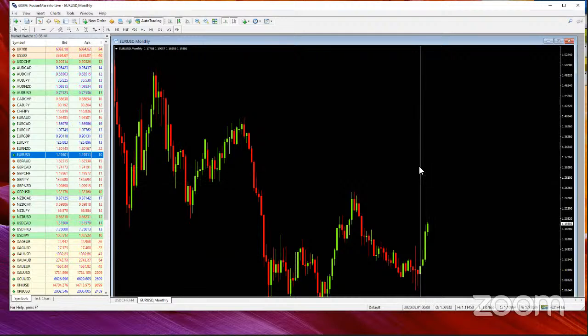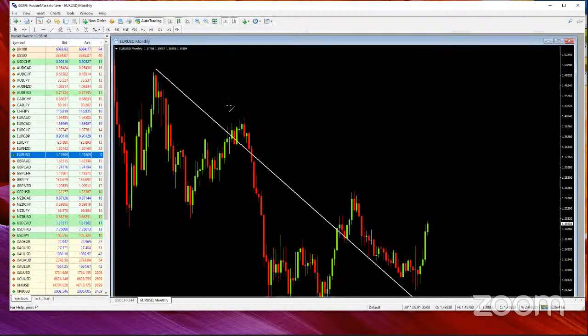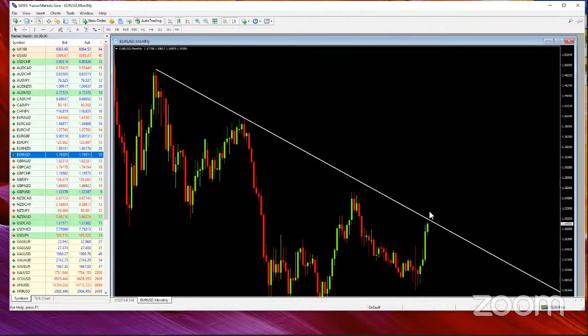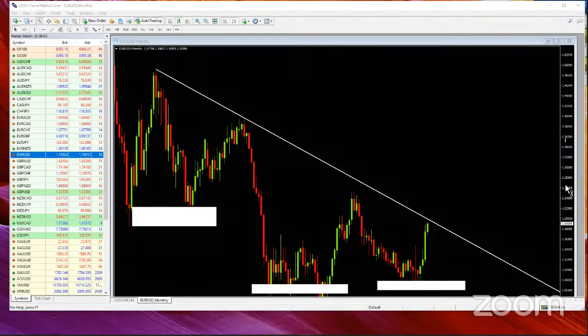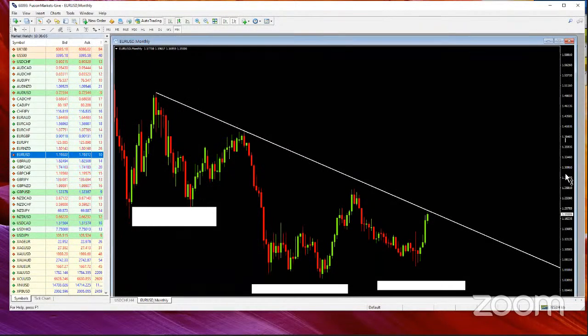Again, euro dollar is in a sell zone. Yes, there's an inverted head and shoulders right here. But we're on the neckline.